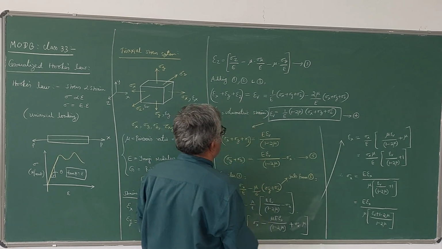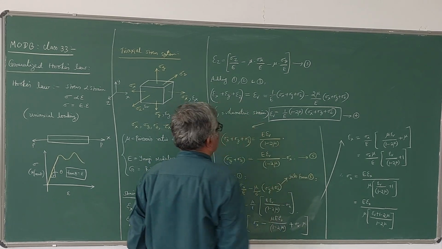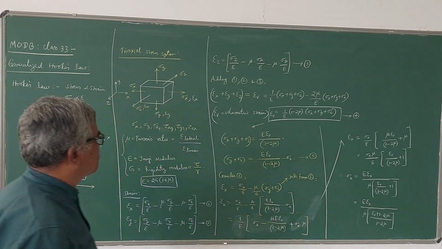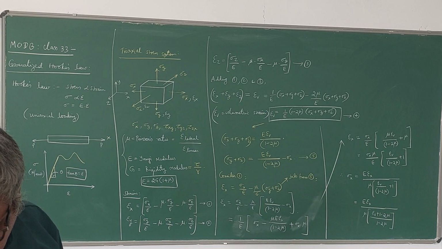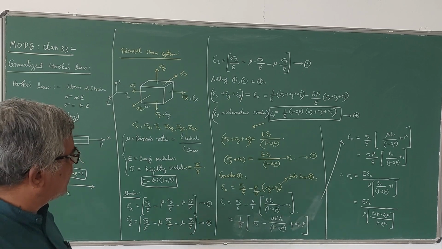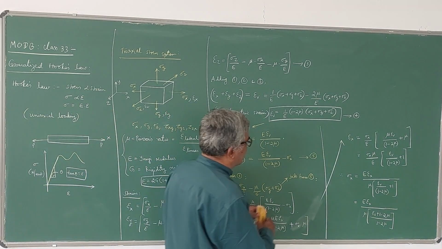This is correct: epsilon v divided by 1 minus 2 mu. So after that, that we got.